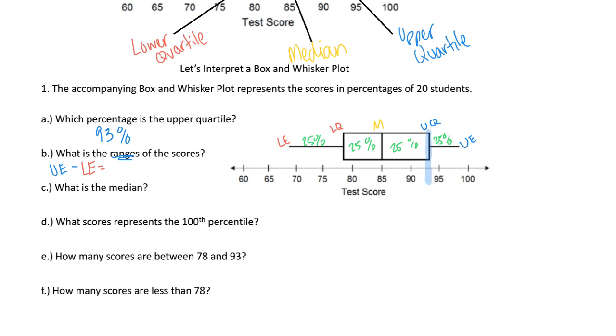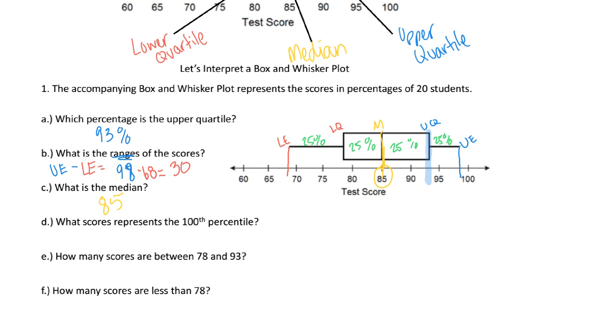Your upper extreme is about here, which I would say is about 98, and your lower extreme is about 68, a little closer to those numbers. So what's 98 minus 68? That should be 30. What's the median? The median is this right here. The median is 85.